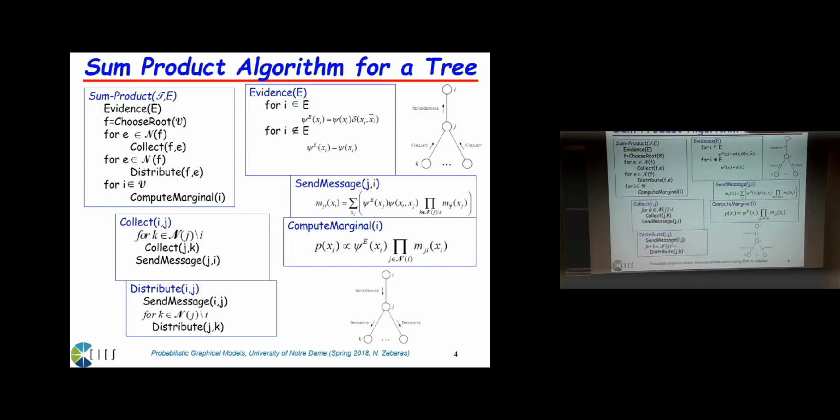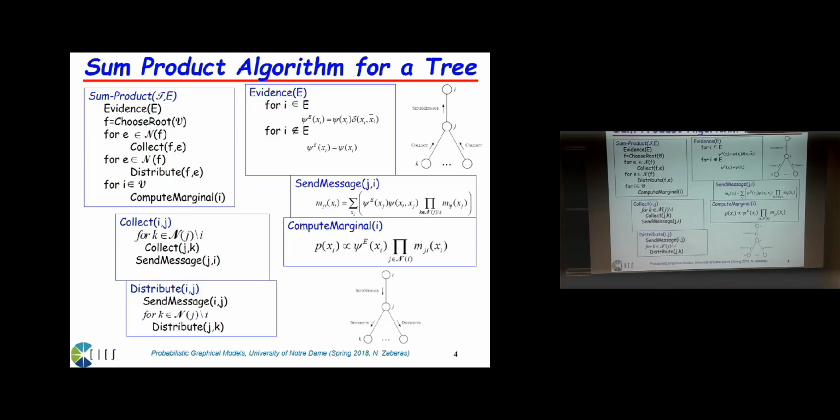In the collect stage, you need to be able to start propagating this message from, let's say, if this is the root. To be able to compute these messages, you need to compute the messages coming from their children. And then to compute those messages, you have to keep going down. Eventually, this will take you down to the leaves. That's why the collect algorithm is a recursive algorithm.